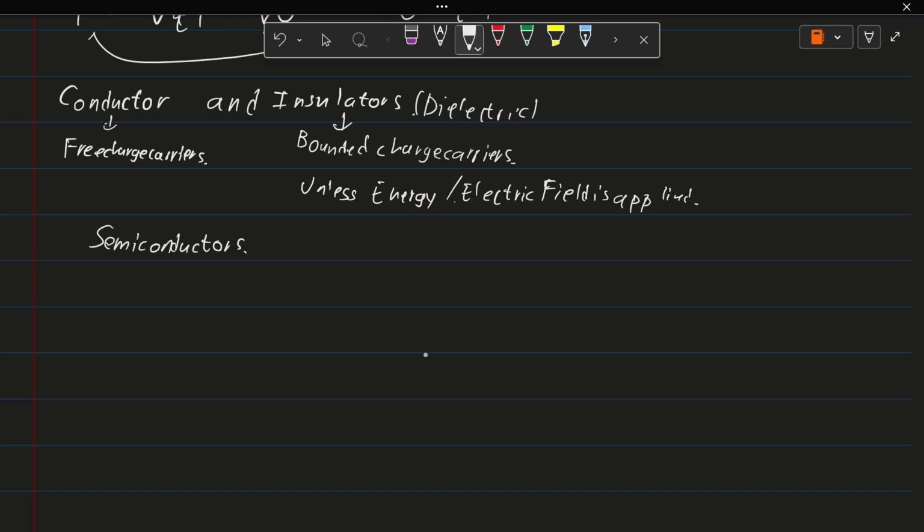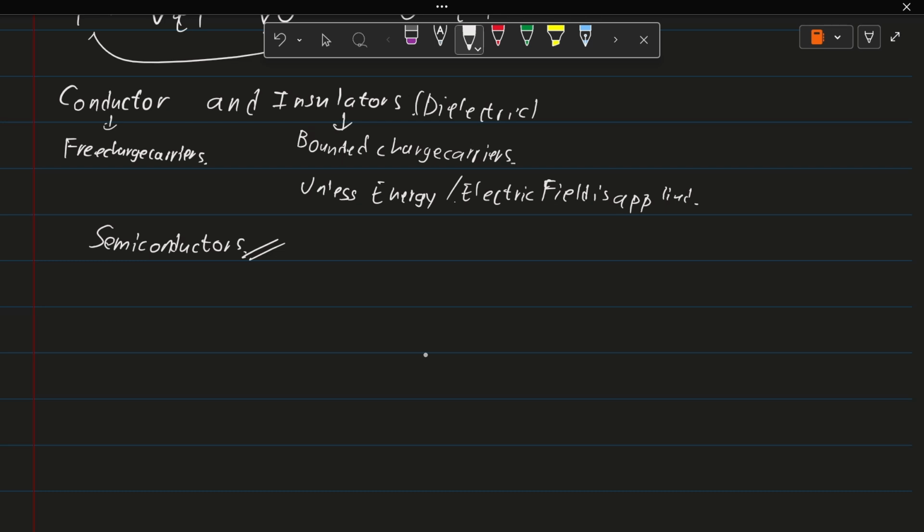Semiconductors behave more like conductors when you are applying an electric field, since they have those free charge carriers. But when it comes to a changing electric field, they behave more like an insulator. This is why it is called a semiconductor, because its property isn't really a conductor, but it's also not an insulator.